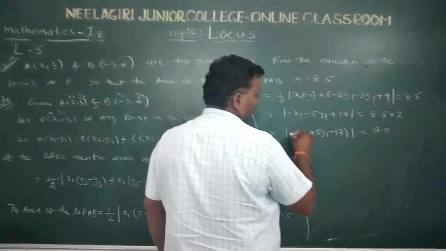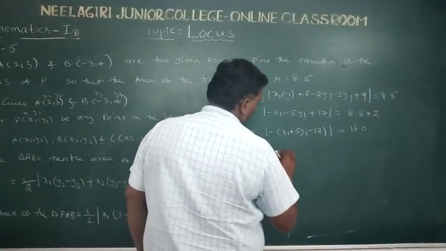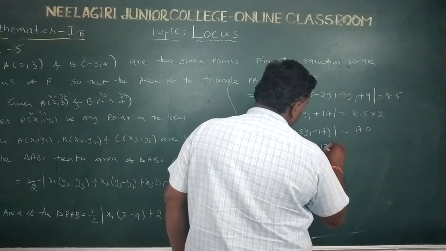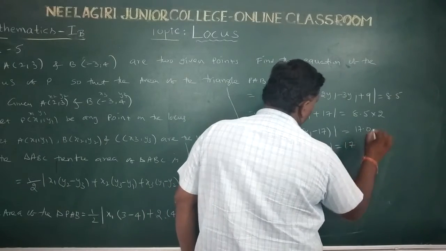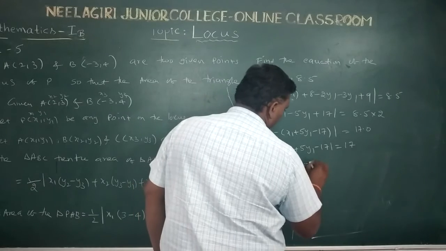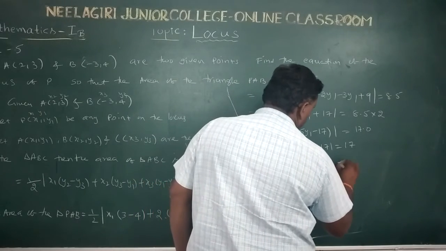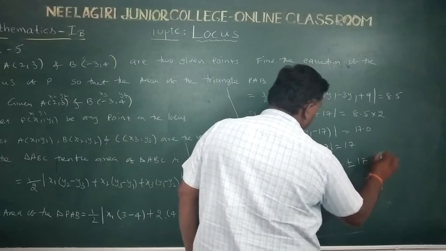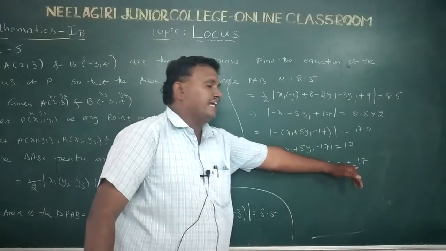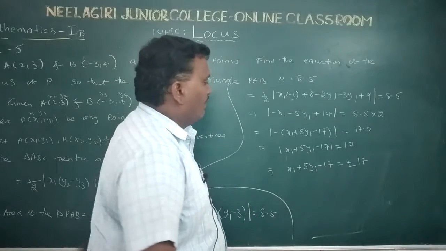Mod of a negative is positive, so x1 plus 5y1 minus 17 is equal to 17. Taking the mod, we get plus or minus 17.